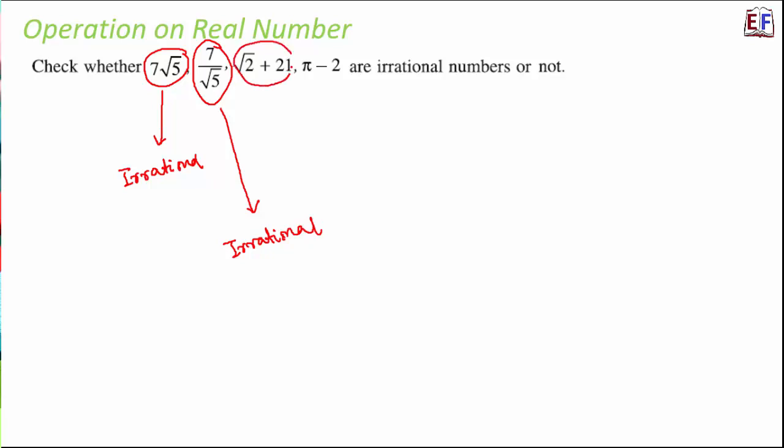Root 2 plus 21, again one irrational plus a rational, so the output will be irrational. Pi minus 2: pi is irrational, 2 is rational, so subtracting a rational from an irrational, the output will be irrational. So all of these are irrational numbers.